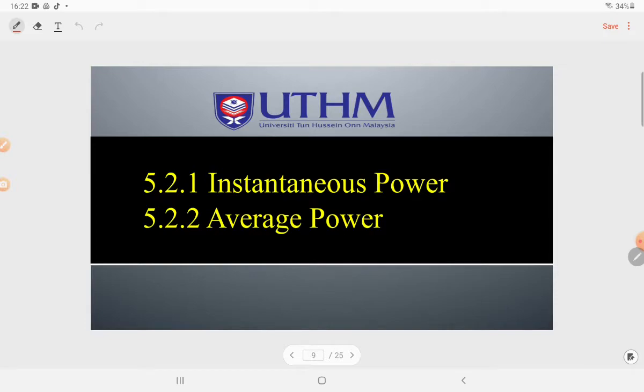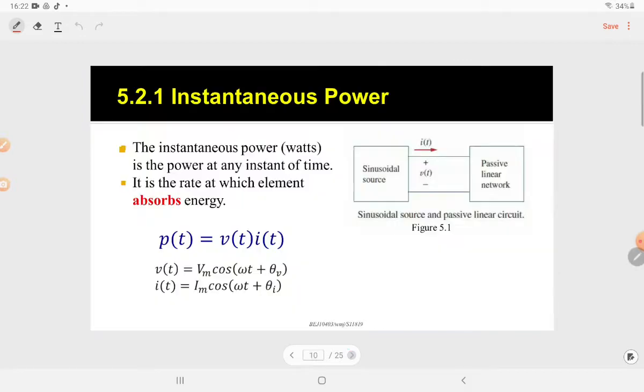Like I said, we will not go into detail on instantaneous power and average power, because you already learned this in EC1, but we can look at some of it. Instantaneous power means the power at any instant of time, the rate at which an element absorbs energy.